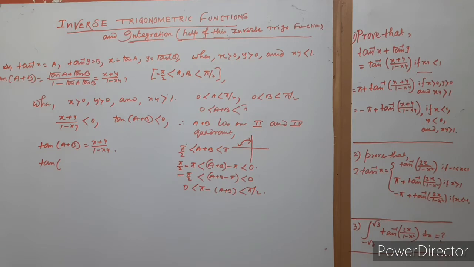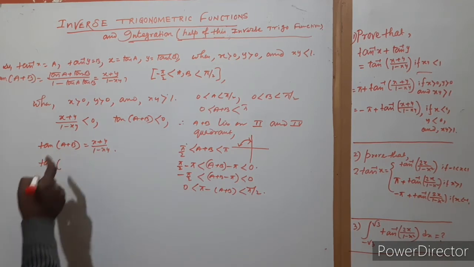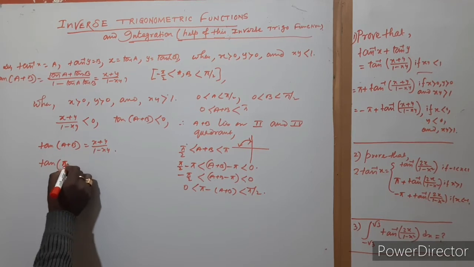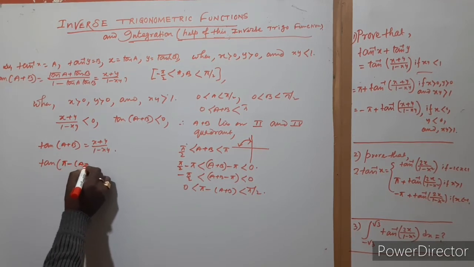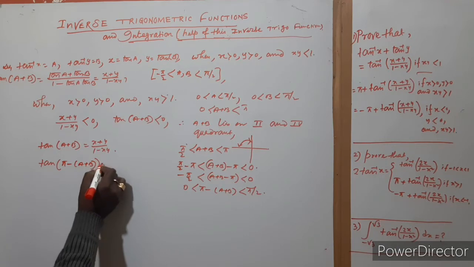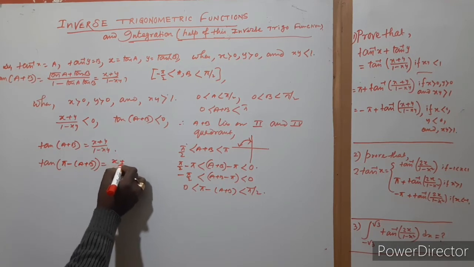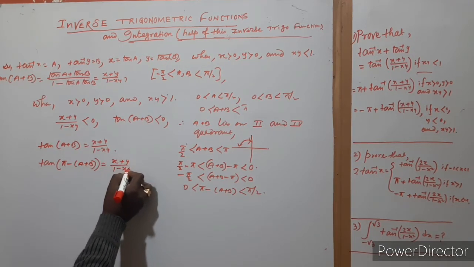Okay, so we can write here pi minus (a plus b). Okay, this is x plus y by 1 minus xy.